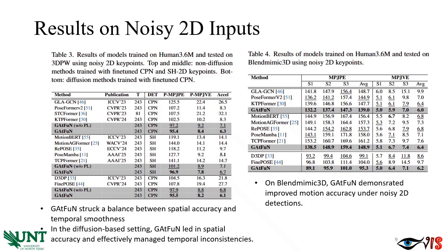GATFUN struck a balance between spatial accuracy and temporal smoothness, while methods such as PoseFormer achieve smooth motion trajectories by sacrificing accuracy. In the diffusion-based setting, GATFUN excelled in spatial accuracy and effectively managed temporal inconsistency.